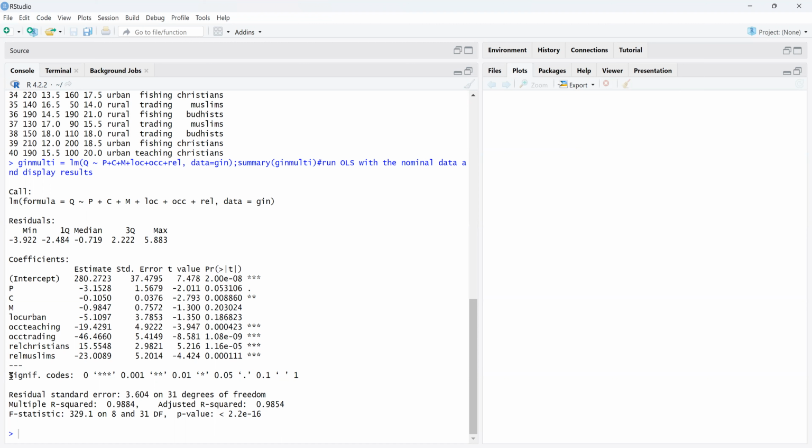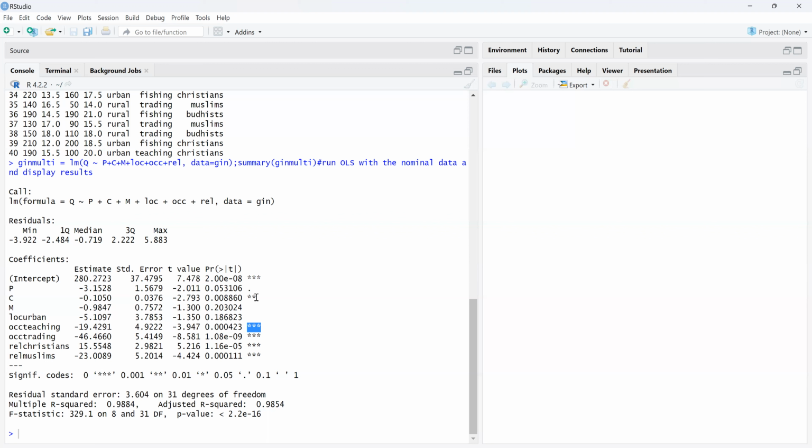But the significance codes will guide you to know something else. If you have a p-value with a star, let's start with triple star. Triple star means that that independent variable is significant at 0.1%.